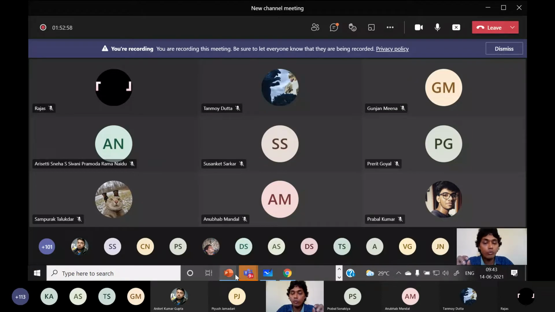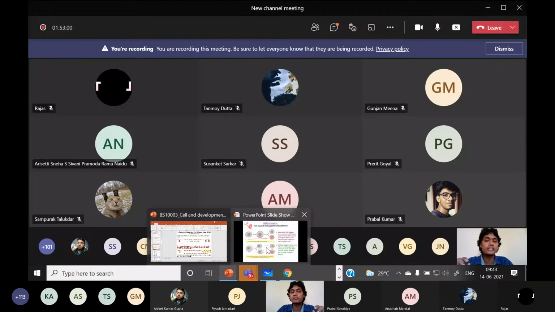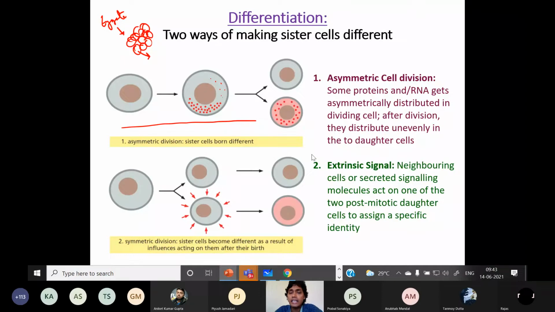So the one classical explanation is this. Some of the proteins have some specific properties in the context of development, and they are polarized in one part of the cell. As a result, when the cell is getting divided, this cell shown at the bottom acquires this molecule.